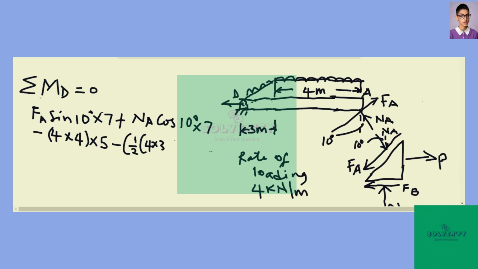Of course, we take the third down to D from where the 4 meter ends, so we multiply by 2. So equal to 0. When you solve this, you're going to have your NA.